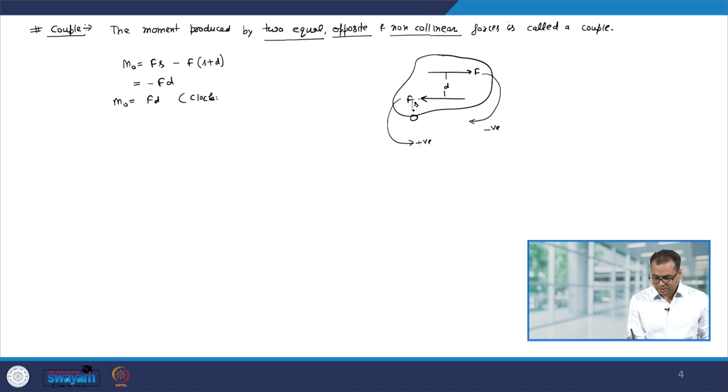and it is in the clockwise direction. Okay. We can also get the same result if we take a position vector r and connect it to the line of action of the forces. Let us do it again by the vector notation.